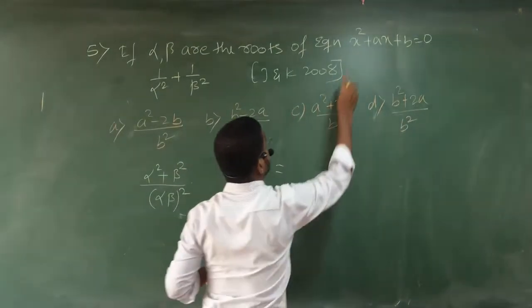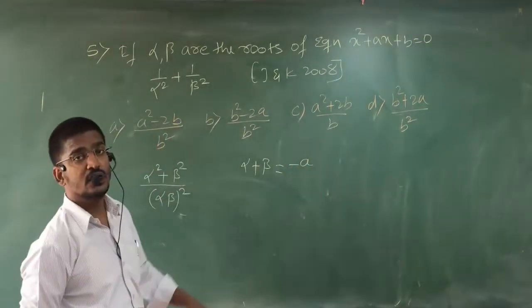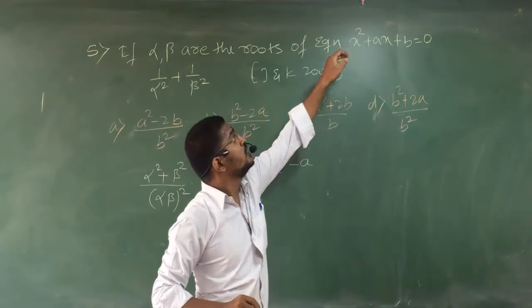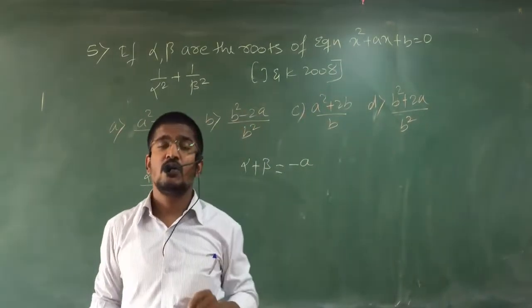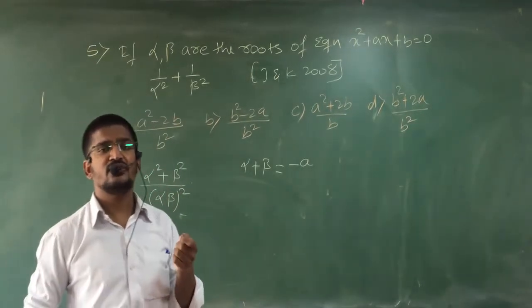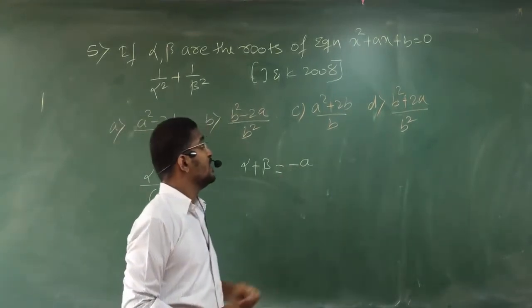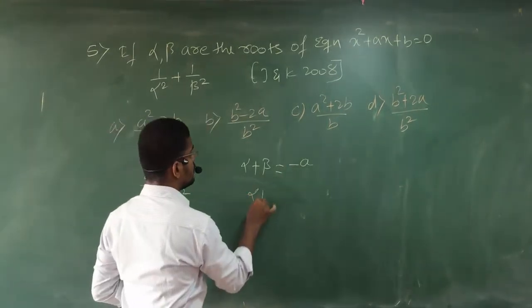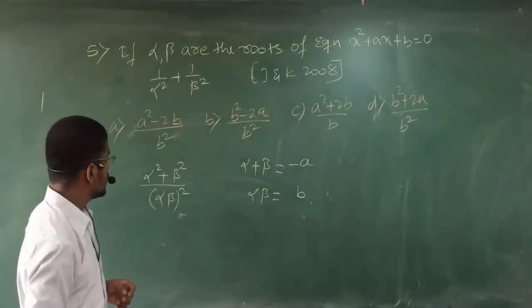From this it will be minus a, because the coefficient of x square is 1, the coefficient of x is a, and the sum of the roots is given by minus coefficient of x divided by coefficient of x square. So it will be minus a. What will be alpha into beta? This is b. Clear?